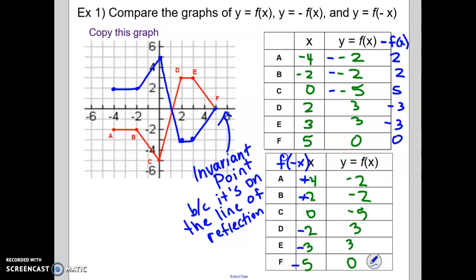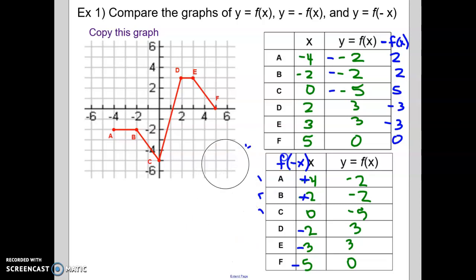So now I have all of these new points that we can plot. Now my point is at +4 and -2. At +2 and -2. At 0 and -5. At -2 and +3. -3 and +3.